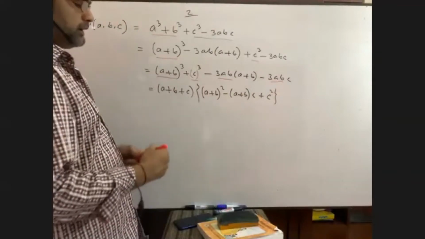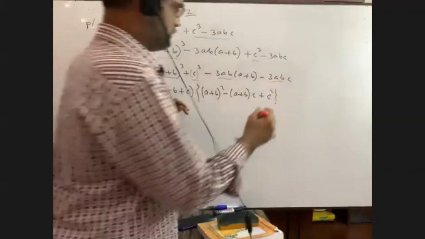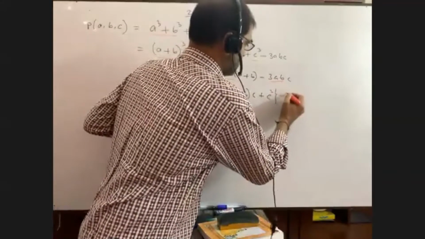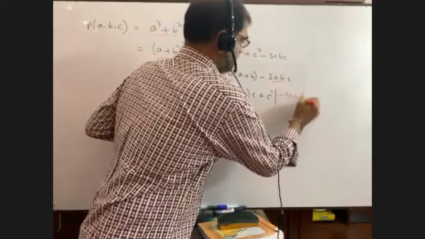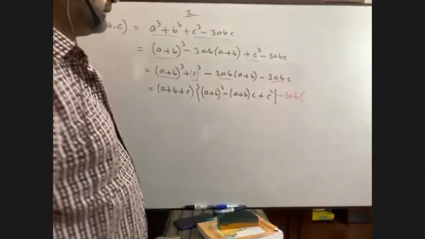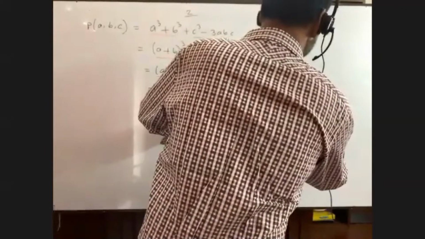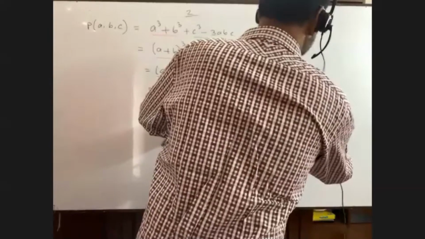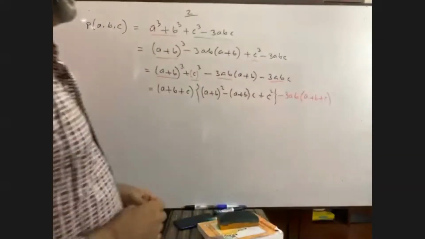Then from the last two terms, I told you that we can take minus 3ab common. If we take minus 3ab common, then we'll be left with a plus b plus c, right?